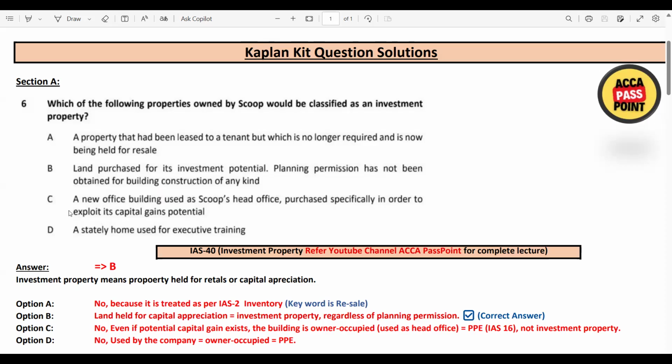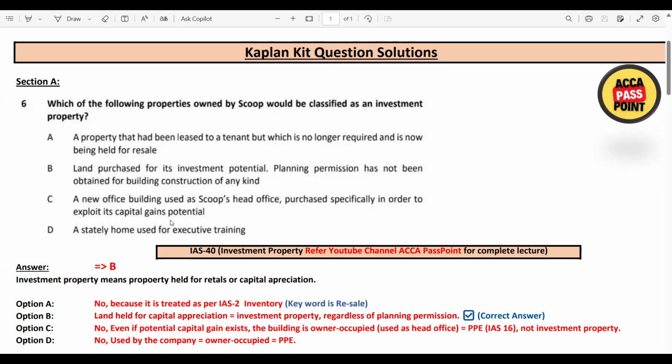Let's read the further options. Option C, a new office building used as Scoop's head office, meaning used by the entity, used by the owner, purchased specifically in order to exploit its capital gains potential. Now the second point mentions that it is an owner-managed property, so it's not covered under the scope of IAS 40.